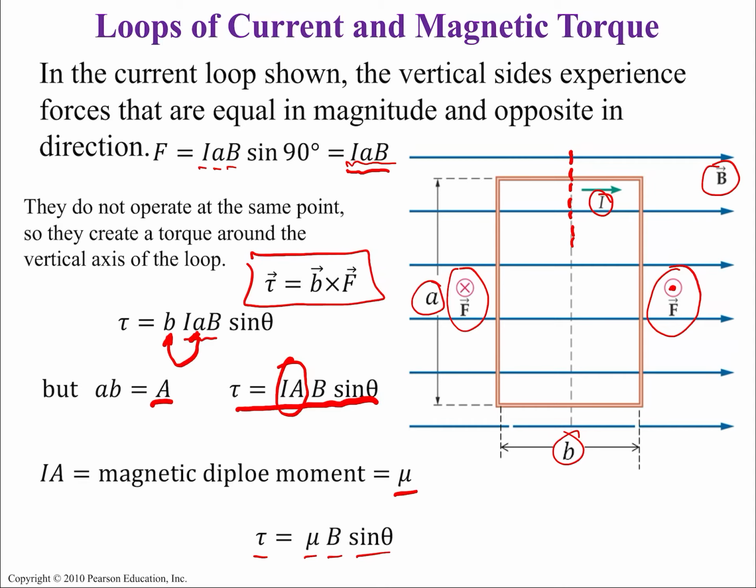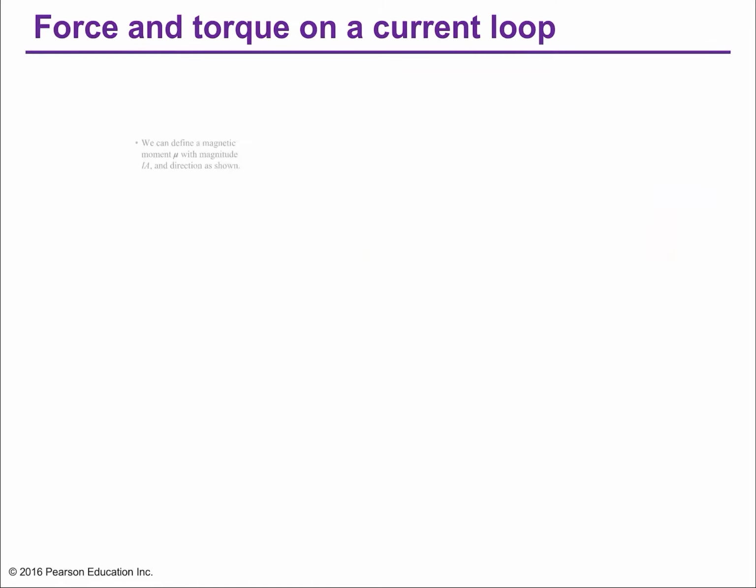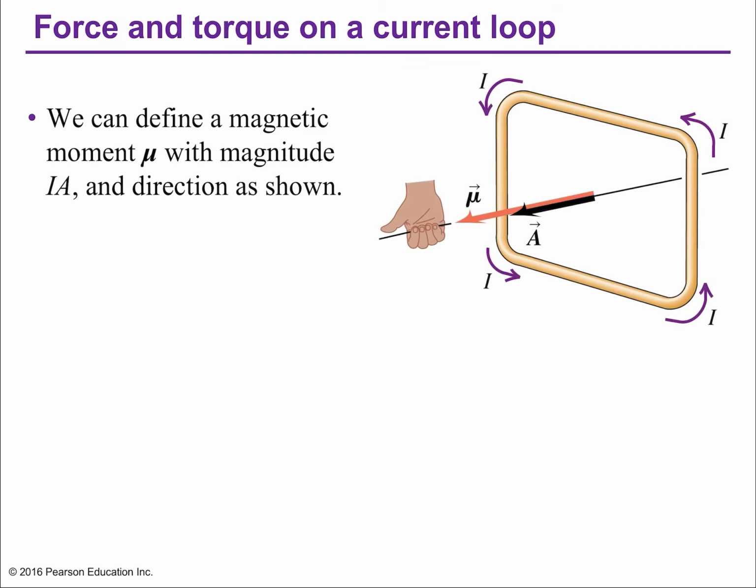But we know that both the torque and the magnetic field are vectors, and we see that there's a sine of the angle involved here, so it's a good idea to rewrite this equation as a cross product of two vectors. For that purpose, we have to realize that mu is a vector. What is the direction of this vector? Well, if you want to figure it out simply, just use your right hand again.